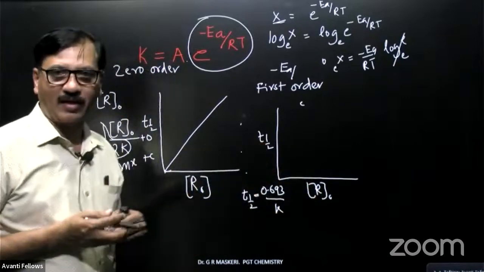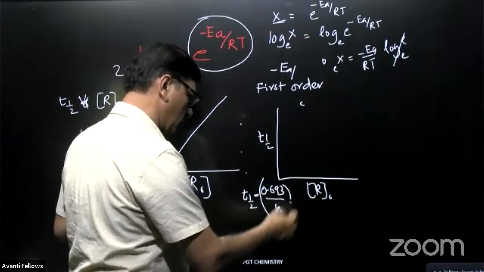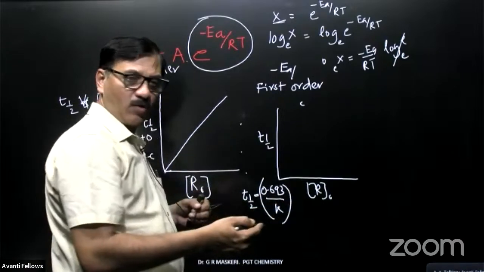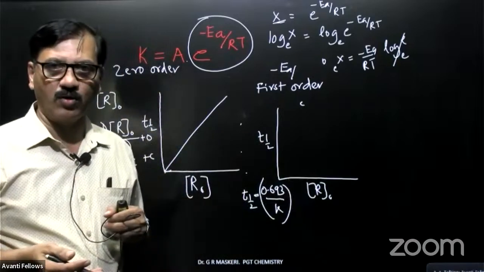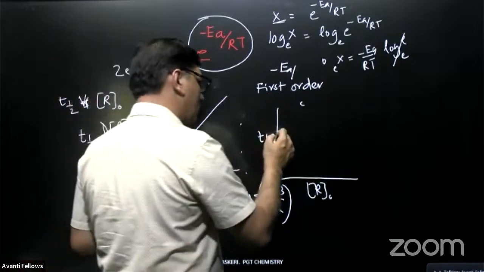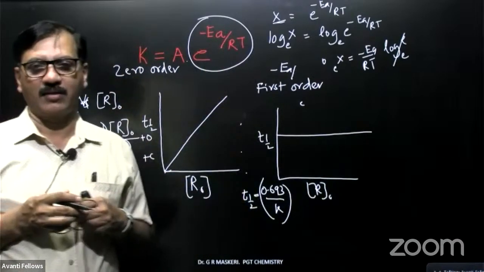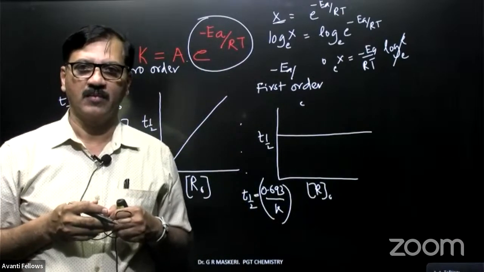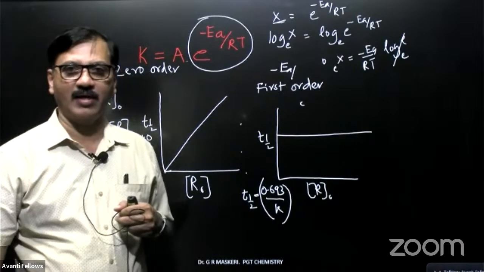That means it is a constant. So T half will be a constant, whatever may be the R naught value. Therefore, slope is 0. So this is the way you can draw the graph clearly.